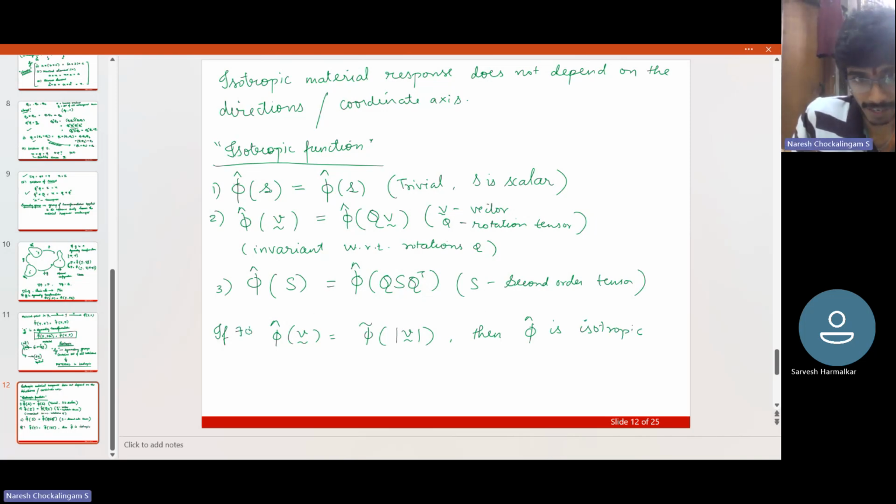If you can write this phi cap of v as some other function which depends only on the magnitude of the vector v, then phi cap is isotropic.